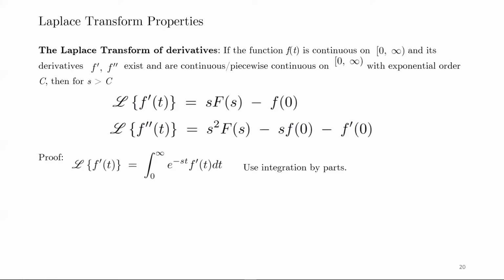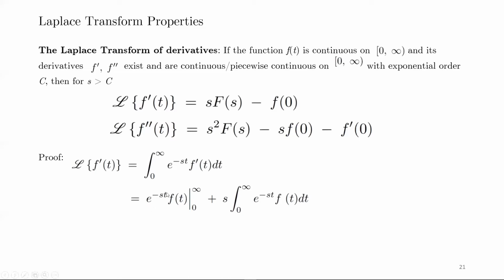Okay, and we can solve this by integration by parts, right? Because we've got one function of t multiplied by another function of t. Okay, you might like to try that, but basically what we get is e to the minus st times the integral of f prime, so we get f here.